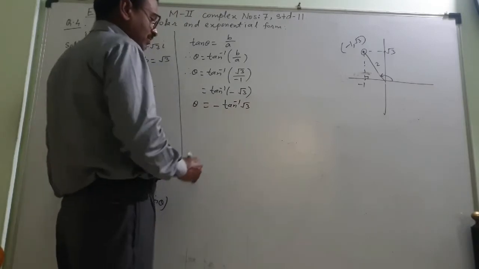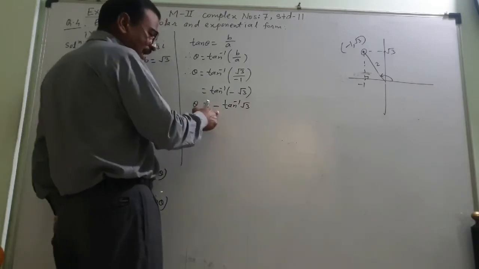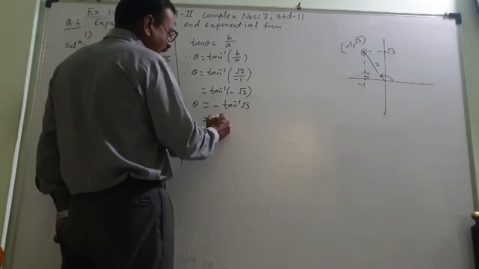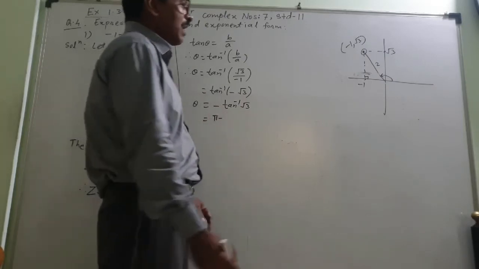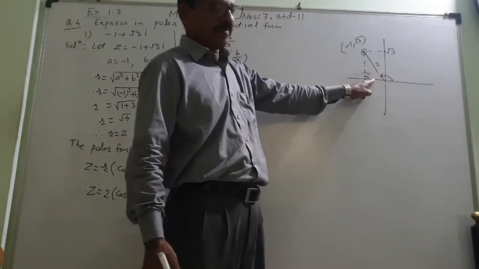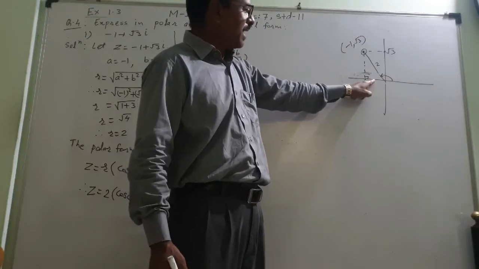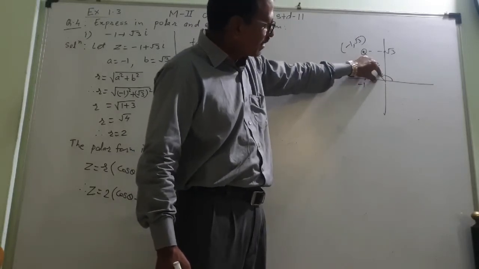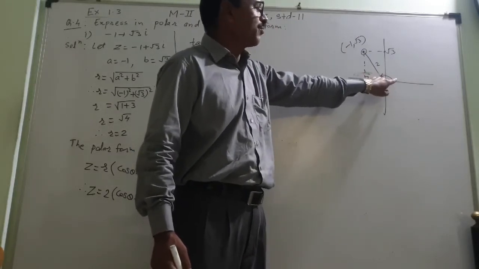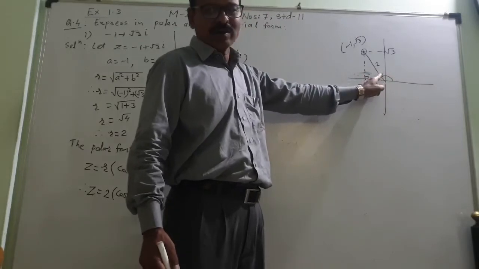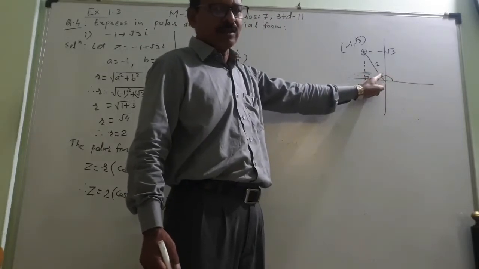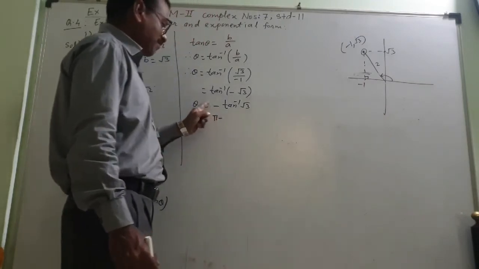This is theta equal to, that is equal to, if it is minus, then pi minus. Why pi? Up to this it is pi, minus this angle. So we will get this angle. We have to take the angle from the x-axis. If it is negative, then pi minus.